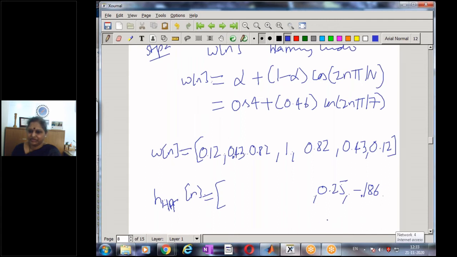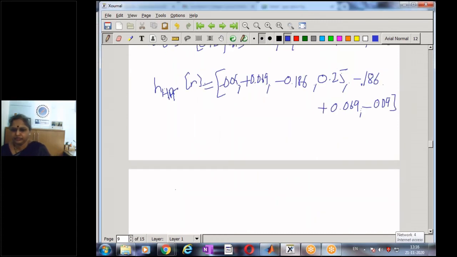The next value is plus 0.069, and a minus 0.009. And by symmetry, this becomes minus 0.186, plus 0.069 and a minus 0.009. So we will see how this filter is.